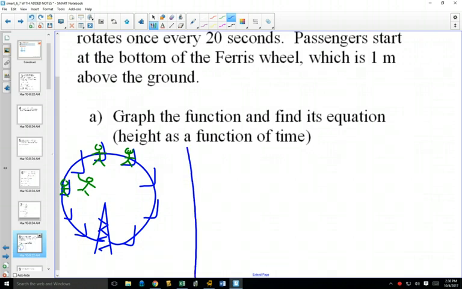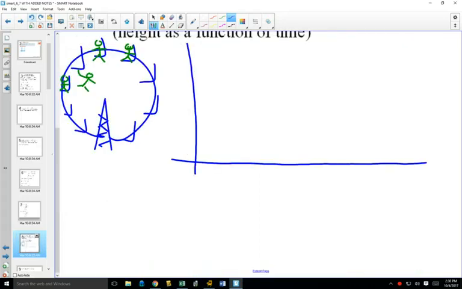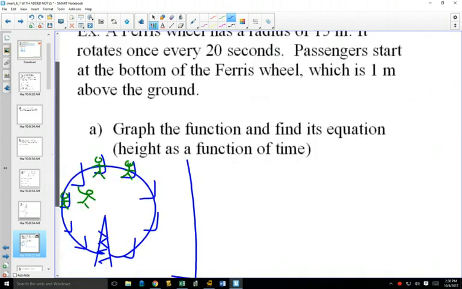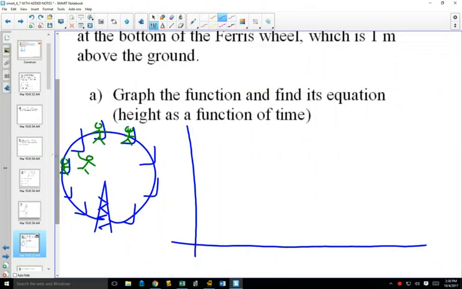And so, right beside this, because I've got the picture here, I'm going to draw my graph right beside it to get a picture of what's happening. The question tells us that there's this Ferris wheel. It has a radius of 15 meters, so I know that this distance right here is 15 meters.